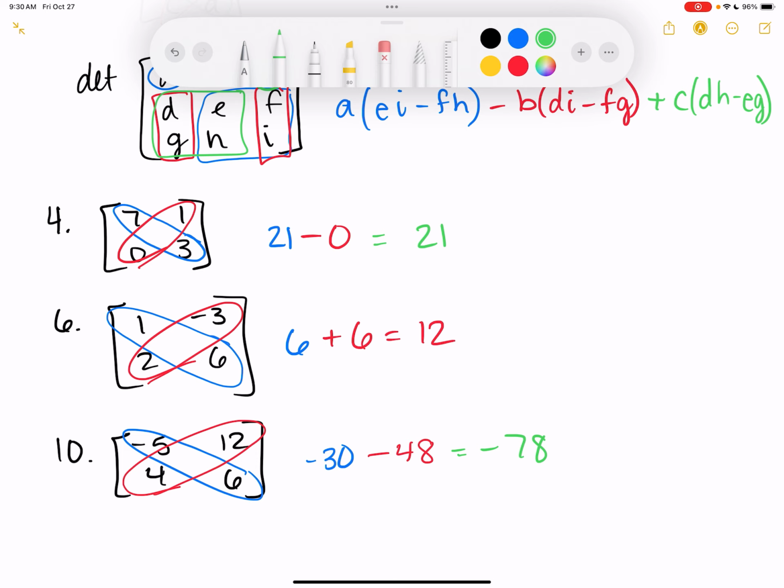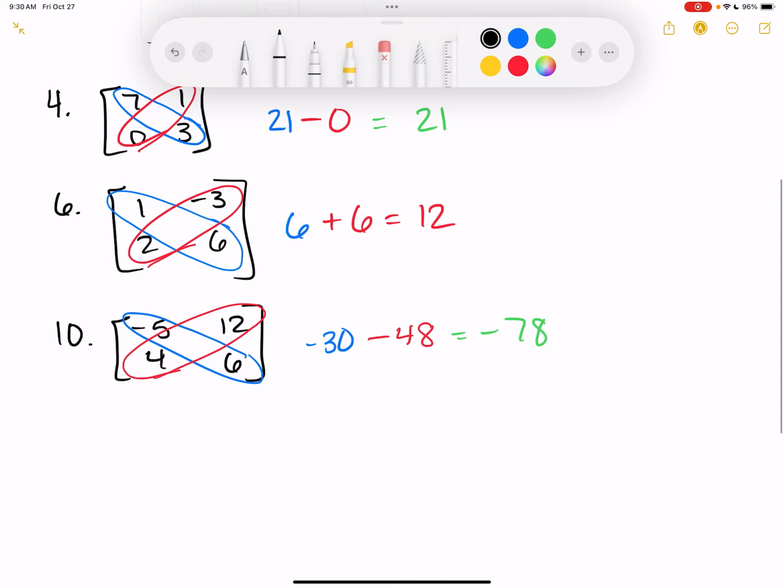All right, we feel okay with the 2 by 2s? All right, 3 by 3s. So we've got 1, 2, 3, 5, negative 8, 1, 2, 4, 3.